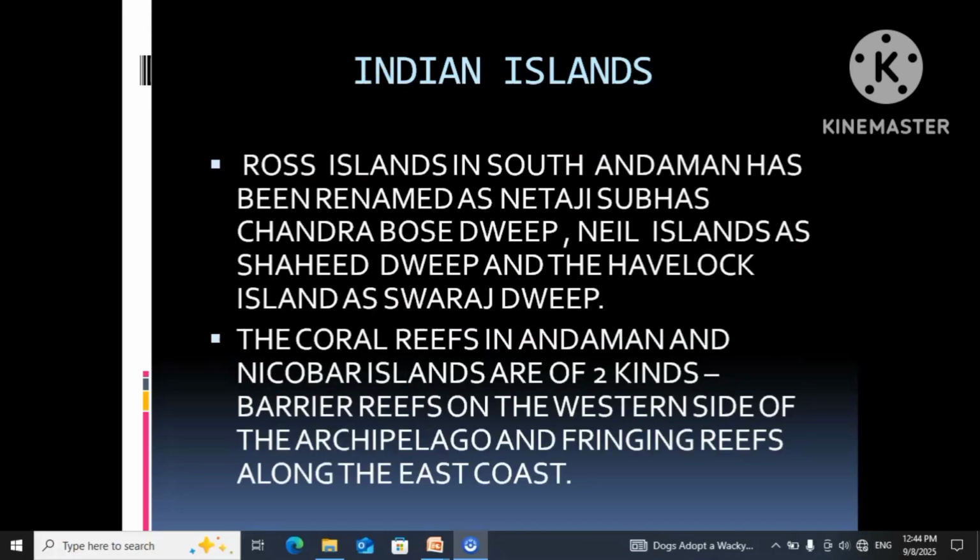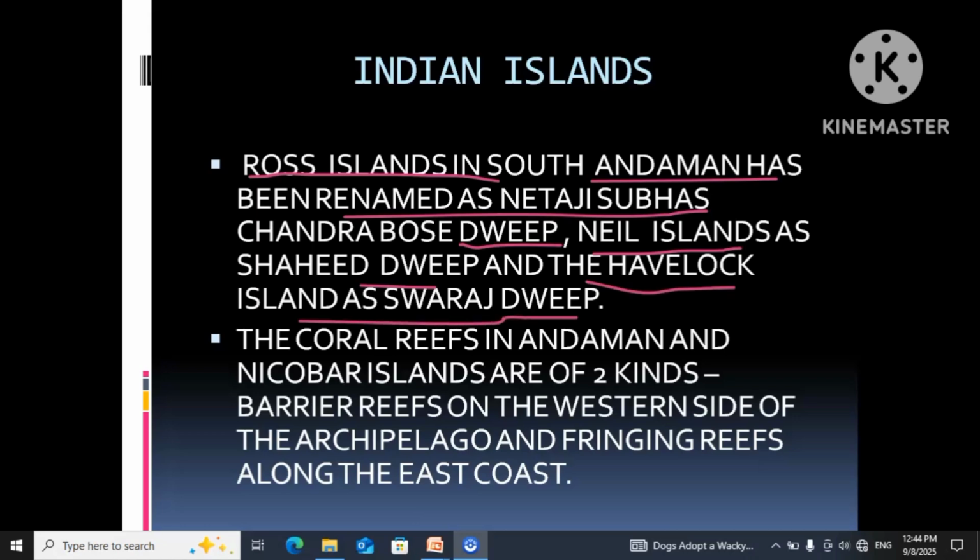Now we will move to our next point. Ross Island in South Andaman has been renamed as Netaji Subhash Chandra Bose Dweep. Neil Island as Shaheed Dweep, and Havelock Island as Swaraj Dweep.